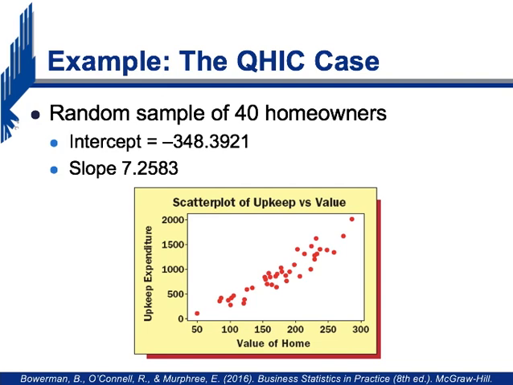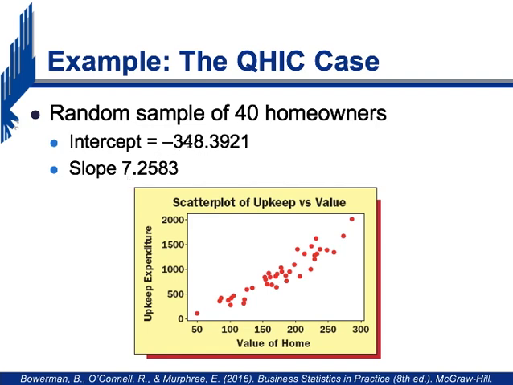So here, the random sample of 40 homeowners gives us this scatter plot. So the scatter plot seems to be increasing, so there seems to be a positive relationship between x and y. And computing for the intercept, that's b sub 0, and the slope here, b sub 1, will give us these values.